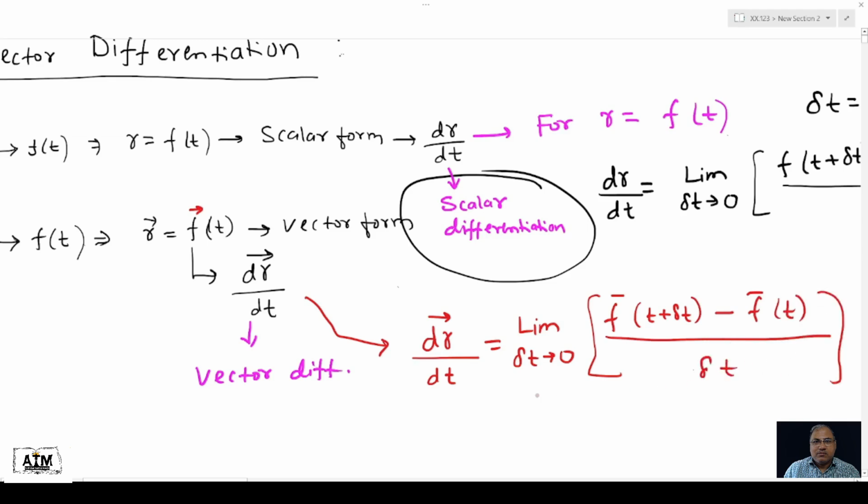What is delta t? Delta t is a very small value, called an infinitesimal value. It is almost approaching 0. Therefore, we take delta t tending to 0. So this is the definition of vector differentiation.